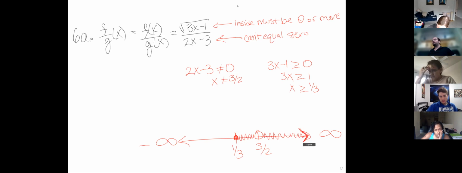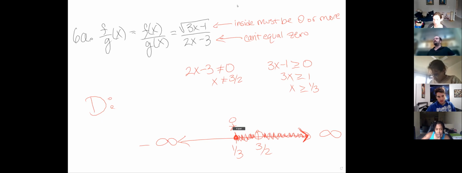So I still have my stop sign there that I have to stop at, the 3/2. So you want to take a stab at trying to write the domain? My person has to start here now, right? Because there's no shading on the left. Right. So would it be hard bracket 1/3? Yeah. And then they walk all the way to here, right?